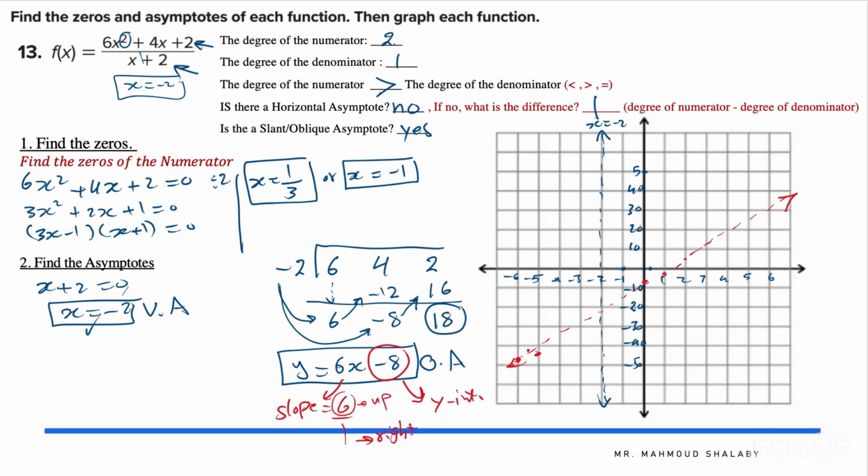Negative 4 and negative 41, something like this. Negative 3 and negative 44 again, which means it will increase again. So it's very obvious that this graph will go like this. This is how you draw it, coming from this side, and it will go with the asymptote here, right? This is how we graph it.